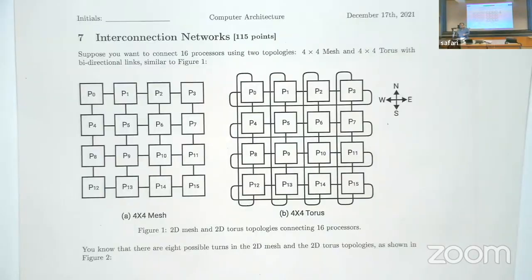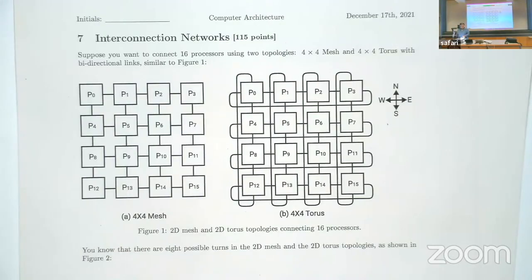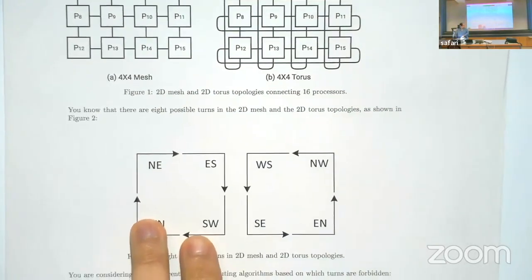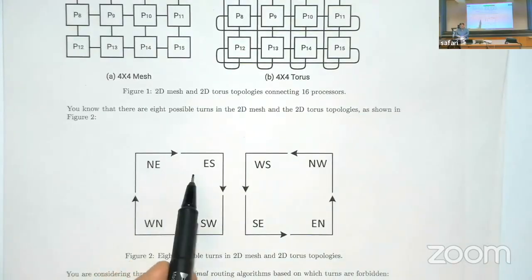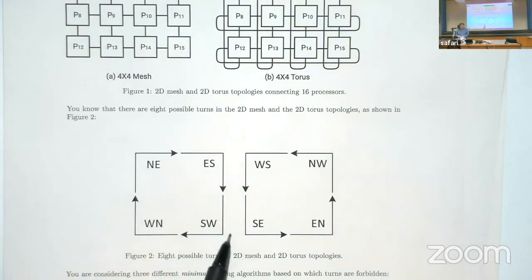In order to define routing algorithms, we define them based on the turns that packets are prohibited from taking. So we can have 8 different turns in a 2D mesh or 2D torus network. If you consider clockwise, we can have north-east, east-south, south-west, and west-north turns.